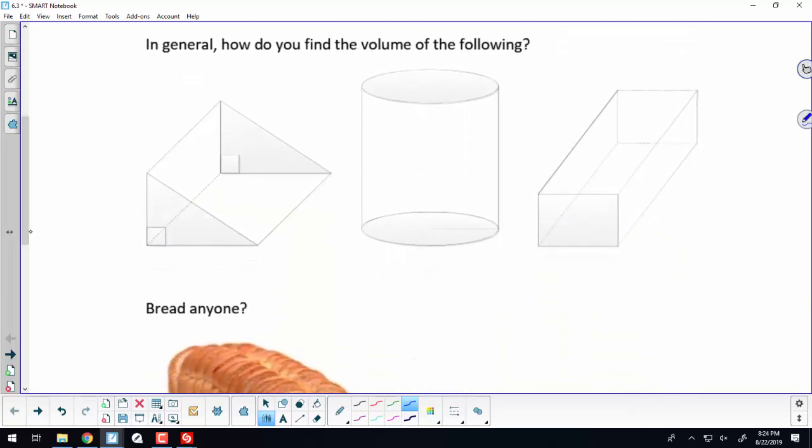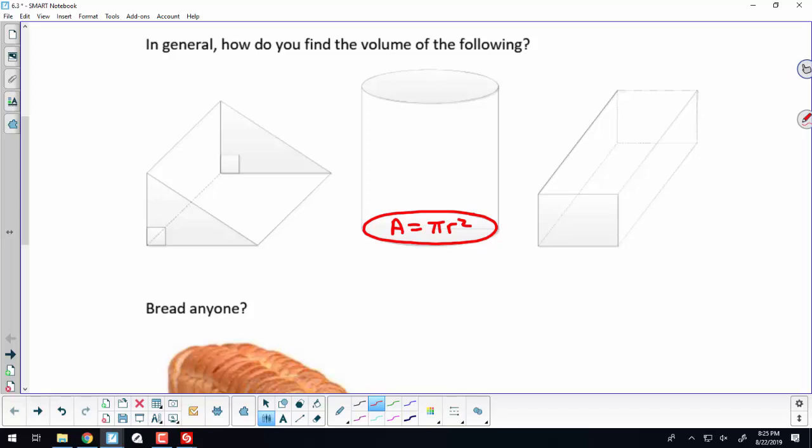So let's start with some basic figures and say, how do you find the volume? Let's start with this right circular cylinder. How do we find the volume of that? Pi r squared times the height. But if we think of it in a different way, it'll be more advantageous when we look at the formula for finding the volume by slicing. Let's say I'm only going to consider this circle whose area is pi r squared.